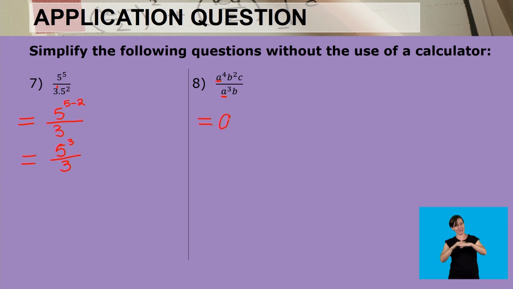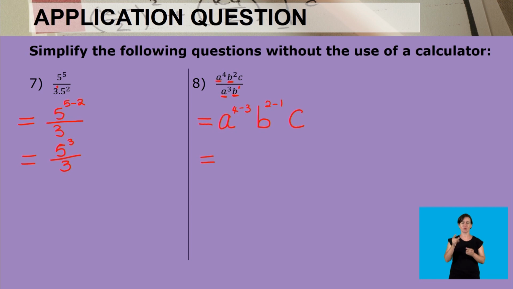So that means that we are going to say it is a, and we have a 4 minus a 3. Then that is being multiplied by b, and we look at the base b, it has an exponent 2, and that base b in the denominator has an exponent 1. So that is going to be our exponent 2 minus 1. And lastly, we just have the c there in the numerator. If we look at the denominator, we do not have another variable c.